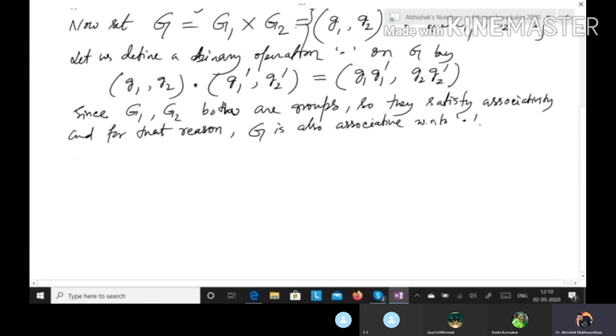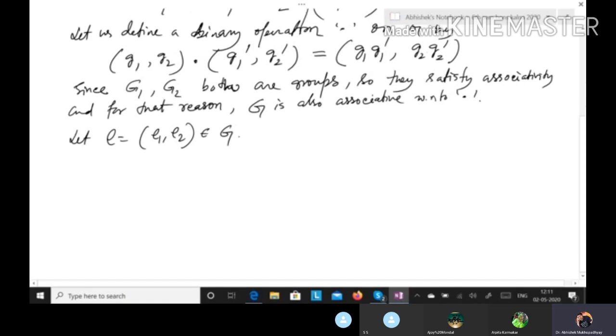Then we define an element e as (e1, e2), which is in G. Now we need to check whether it is the identity of G with respect to the defined dot.